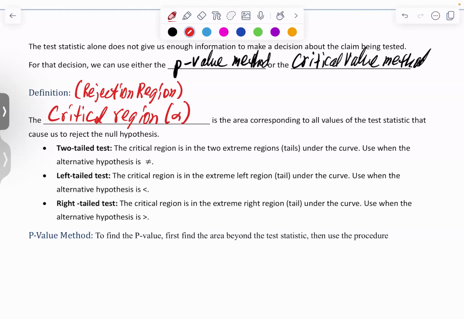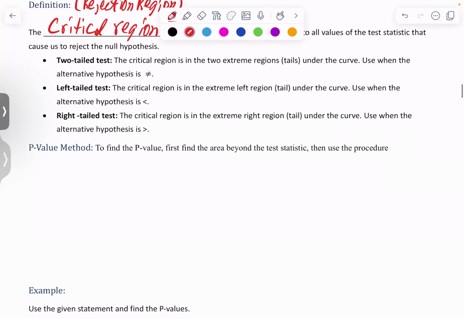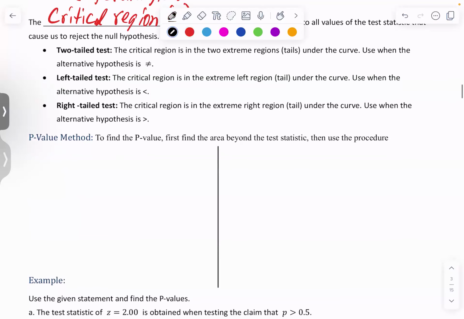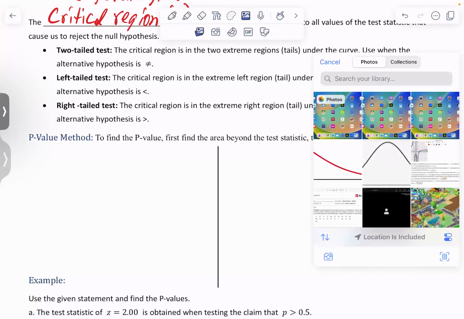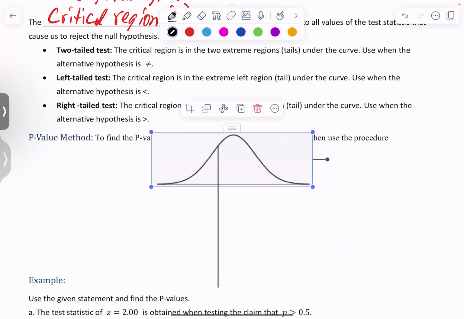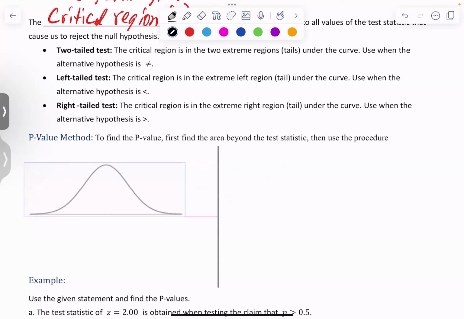So I'm going to do some drawings here to give us just an idea of what we're going to be looking at. All right, we will start with a graph. I'm going to assume this is a z distribution. It could be a t distribution, could be chi-squared. All the same logic is going to hold. And I'm assuming this is a right-tail test, so it's a greater than.